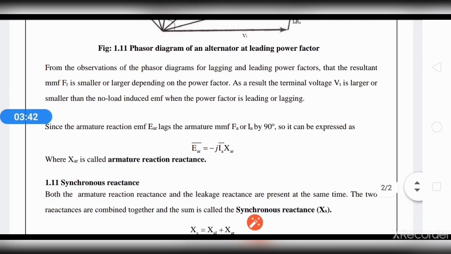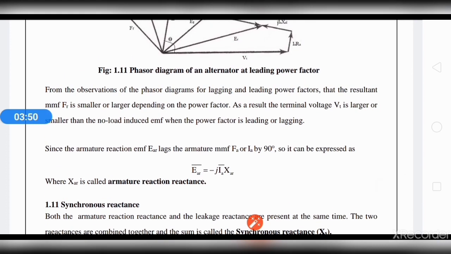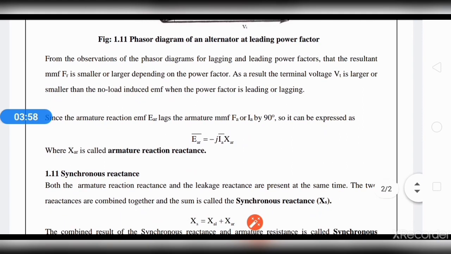From the observation, it can be seen that the resultant MMF is smaller or larger depending on the power factor. As a result, the terminal voltage is also larger or smaller than the no load induced EMF if the power factor is leading or lagging.